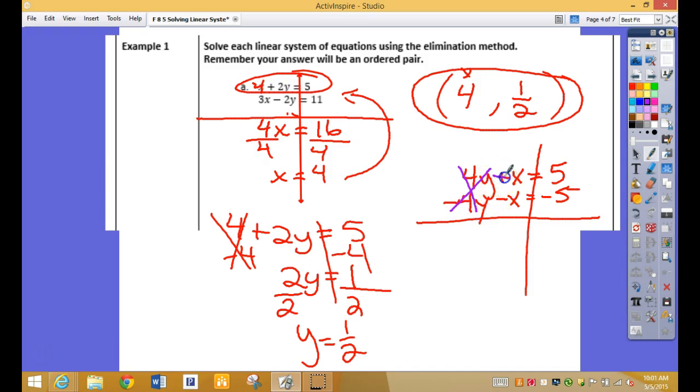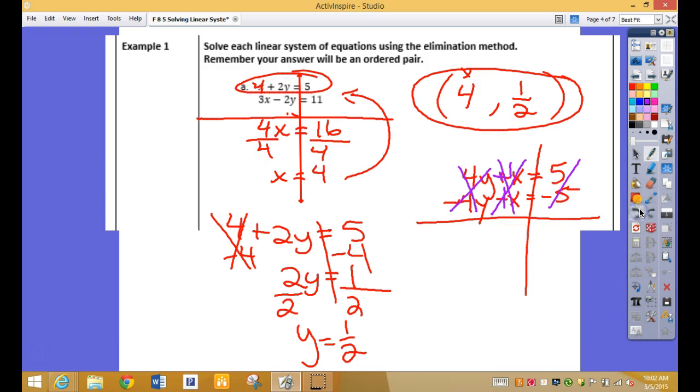What happens here to my plus 1x and my minus 1x? Those cancel each other out. What happens if I have 5 and I'm negative 5? So what would be my answer here? I would have 0 equals 0. So is it no solution? That would be infinitely many, because it's true. So that would be infinitely many.